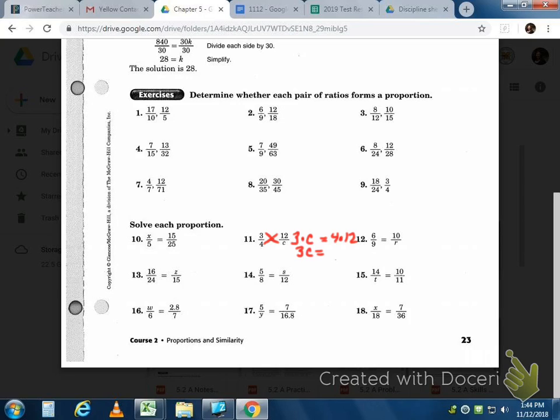And 4 times 12? 48. 48. And how do I solve for C? 48 divided by 3. Divide both sides by 3. And that is 48 divided by 3, which is 16. So C equals 16. So that's the work you're going to show, but you're going to let the calculator do the work for you if you need to.